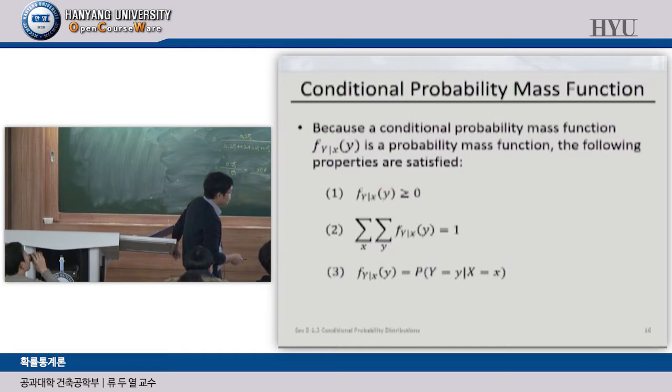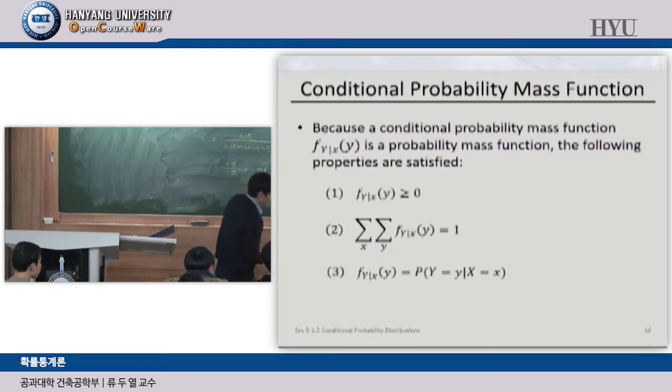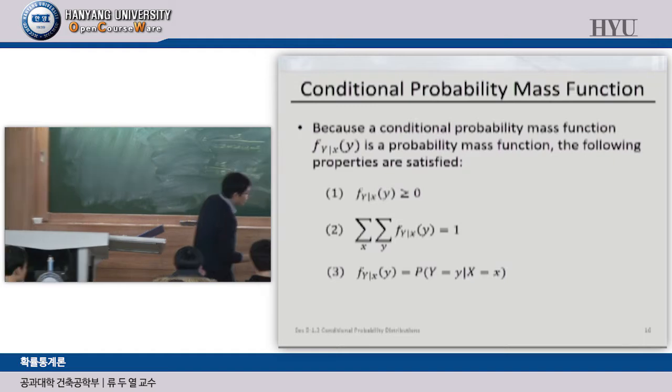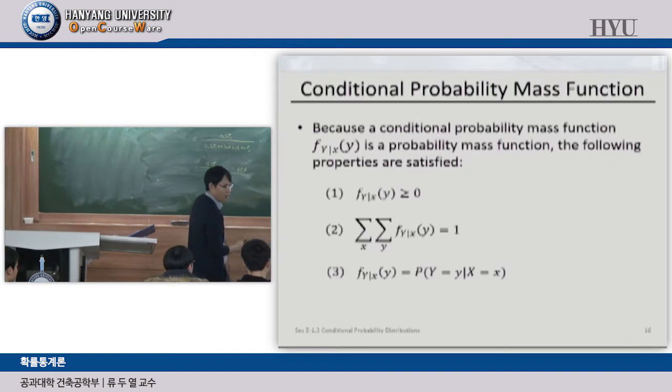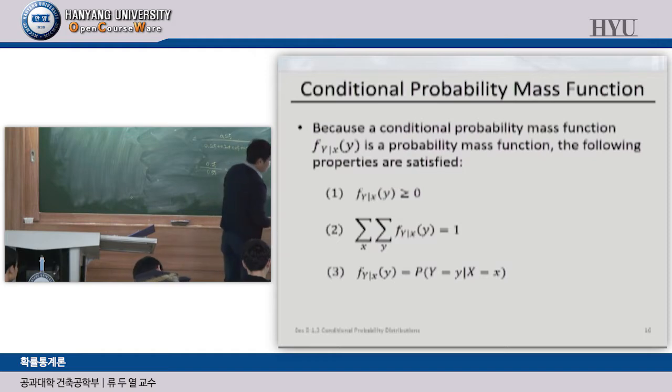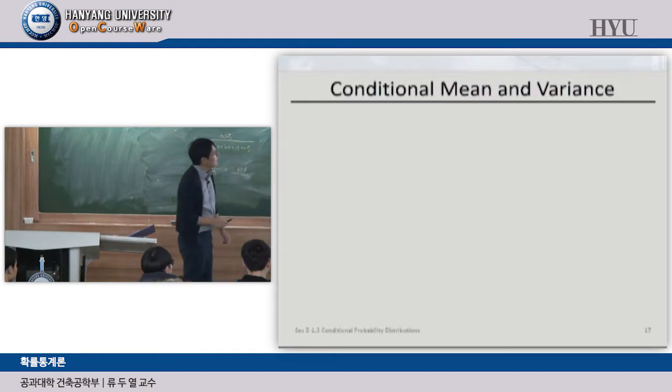And this conditional probability mass function can also be expressed by this equation, okay? The probability of Y equal to small y given X equal to small x. So these three properties should be satisfied.